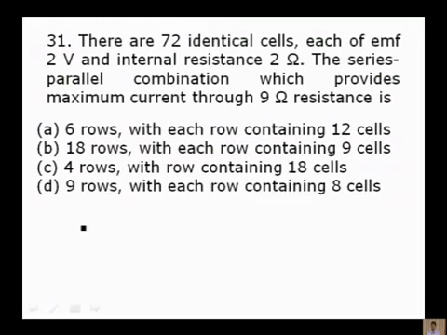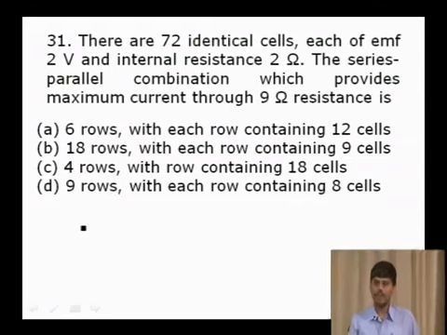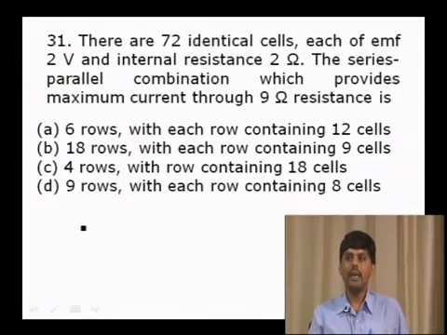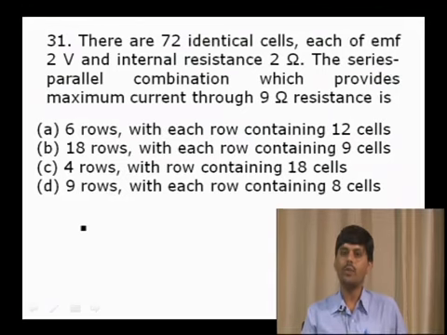The series and parallel combination which provides the maximum current through the 9 ohm resistance is: A, 6 rows with each row containing 12 cells. B, 18 rows with each row containing 9 cells. C, 4 rows with each row containing 18 cells. D, 9 rows with each row containing 8 cells.